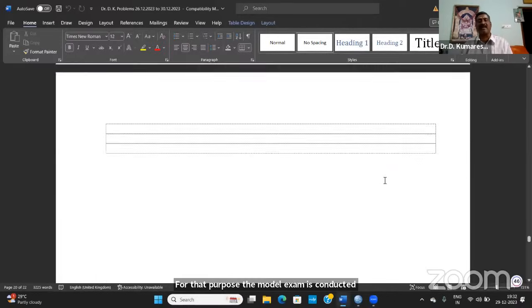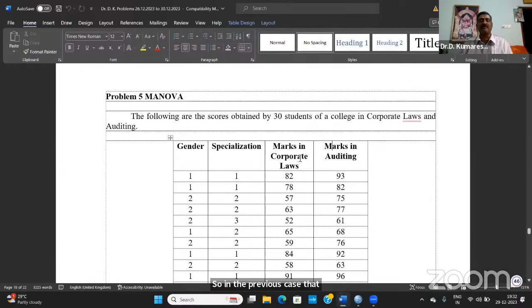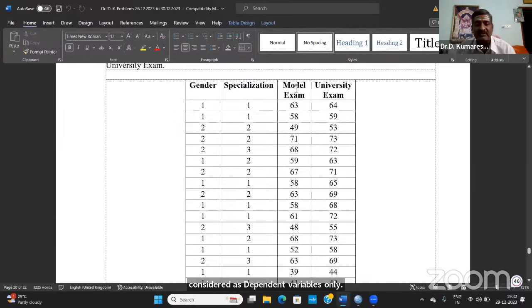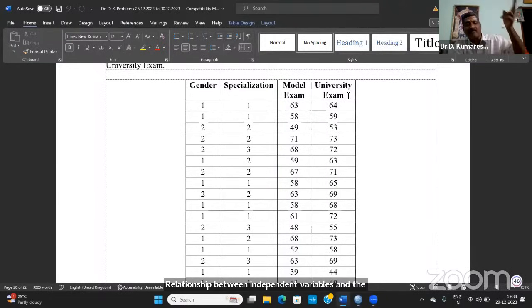So in the previous case, that is MANOVA, these two variables are considered as dependent variables only. But here, these two may be taken as dependent variables. I told you, no. Relationship between independent variables and covariate variables, relationship between independent variables and dependent.